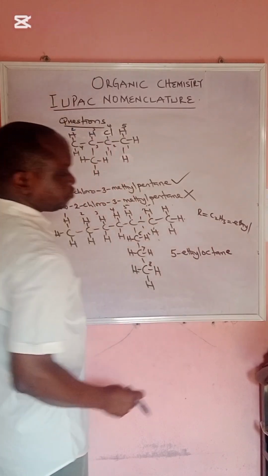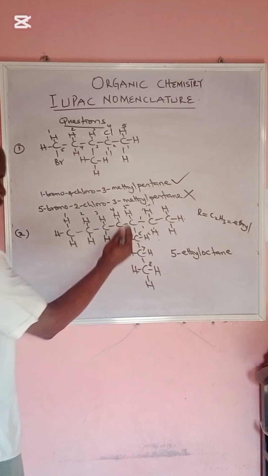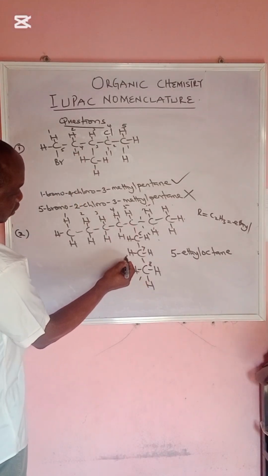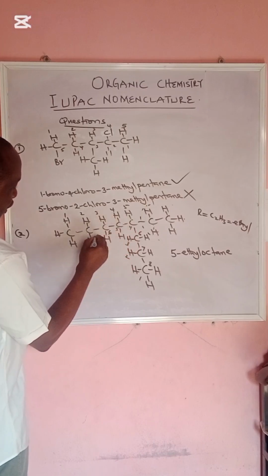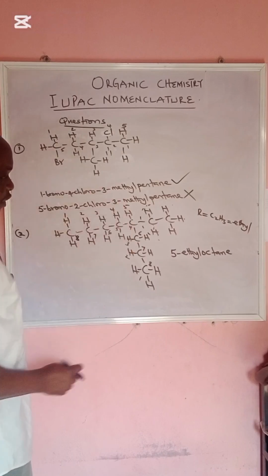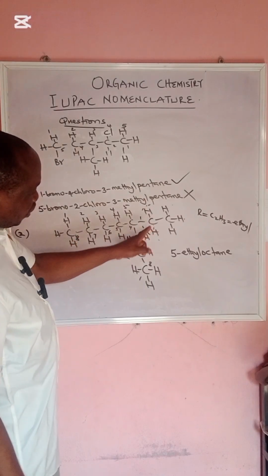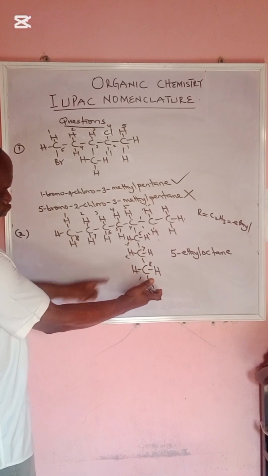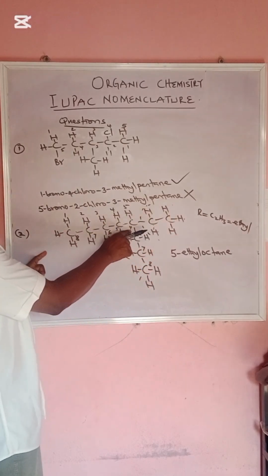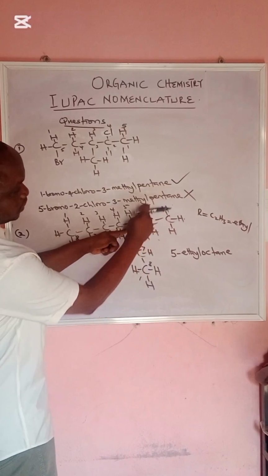That is when counting from left to right. Let's count from right to left. This one will be carbon 1, carbon 2, carbon 3, carbon 4, carbon 5, carbon 6, carbon 7, carbon 8. So still octane. But counting from right to left, ethyl is attached to carbon 4.